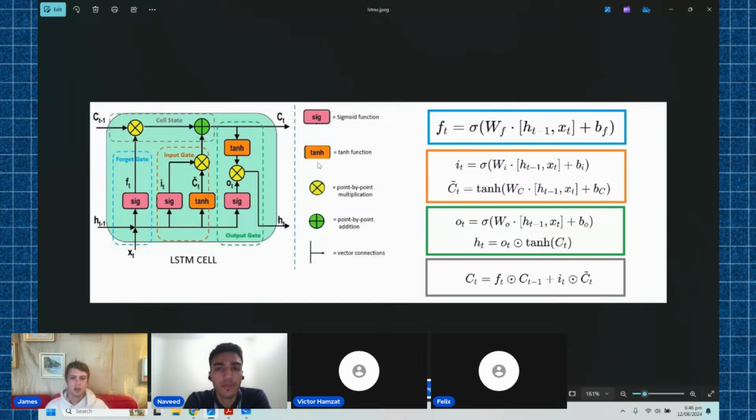Yeah, the key difference between an LSTM and a transformer, although the target of both of them is the same, to remember long-term context, is that the transformer, as you have seen, is processing all the inputs at once.